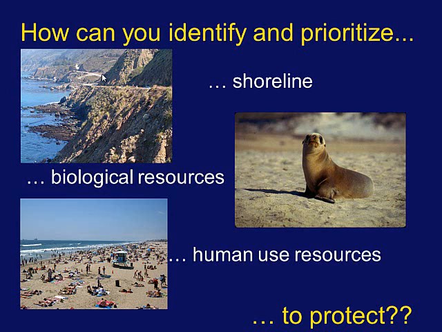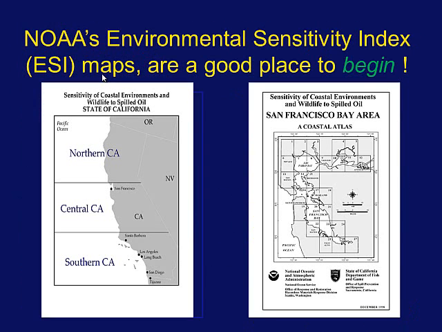So this is just a place to start with your environmental sensitivity indices, or ESIs for short. And I say this is a place to start because, again, everyone brings a different perspective to the table. What's important to me might not be important to you. And so this lays things out in a more objective way in terms of what the sensitive resources are in a particular area.